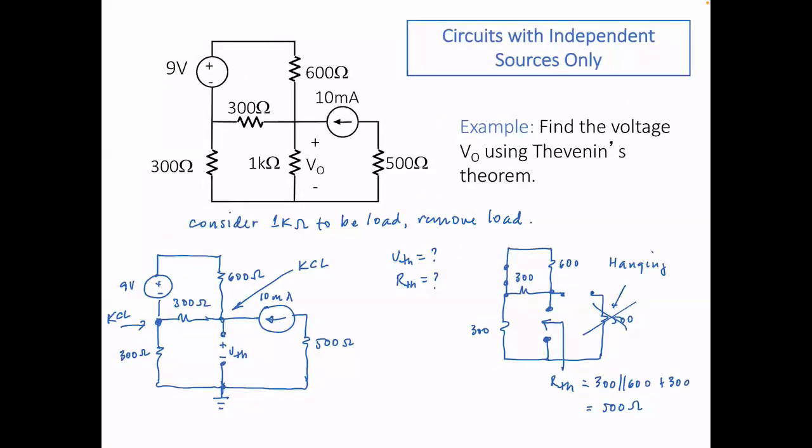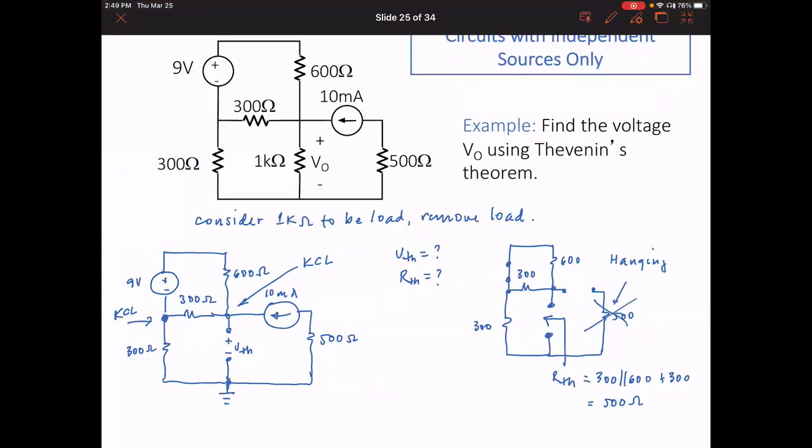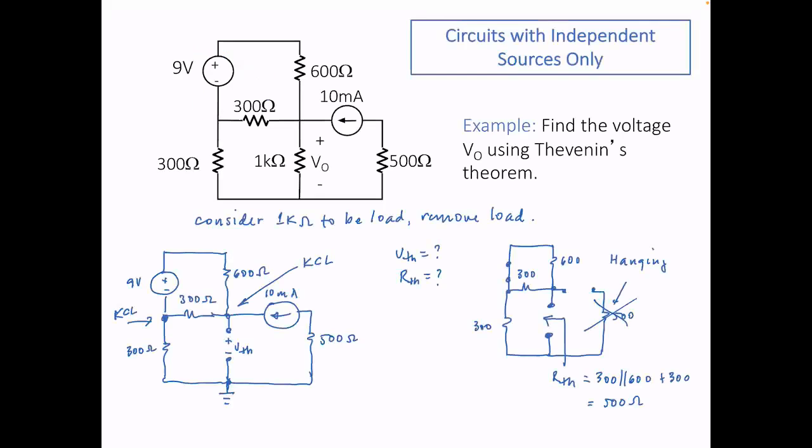Okay, so the 9 volts in series with the 600 ohms, I can convert that to a current source. What is the value of the current source? It's 9 divided by 600.